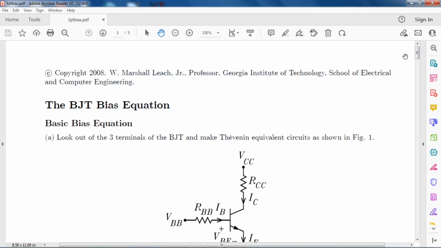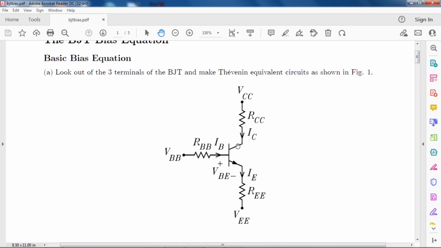To understand what's going on, you really need to write down the equations, otherwise it gets really hard to figure out. Fortunately, there's a professor at GIT, Marshall Leach, who wrote this nice PDF that explains not everything, but is very handy and very practical, because you can have any bias setup. It can be quite complicated, and with this you can figure out what's going on. So here you have your transistor with the collector, base, and emitter, and at each lead you consider the Thevenin equivalent circuit.